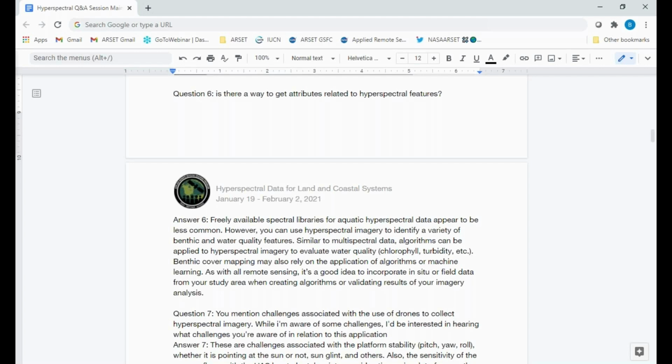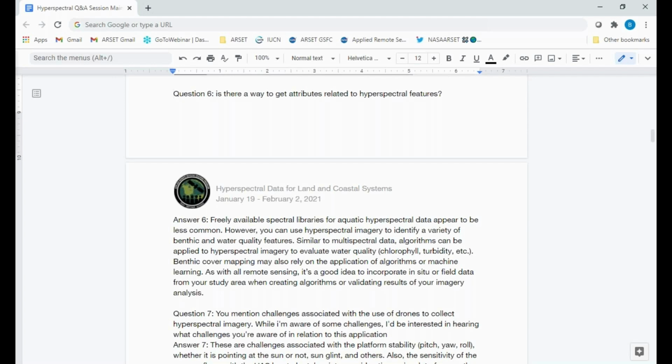However, you can use hyperspectral imagery to identify a variety of benthic and water quality features, similar to multispectral. Algorithms for hyperspectral imagery are used to evaluate water quality, chlorophyll, turbidity, and other parameters, and benthic cover mapping may also rely on the application of algorithms or even machine learning.